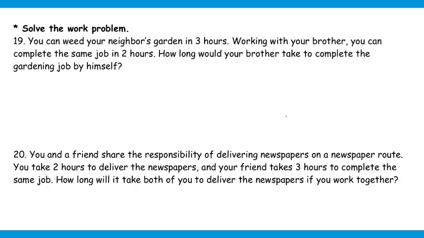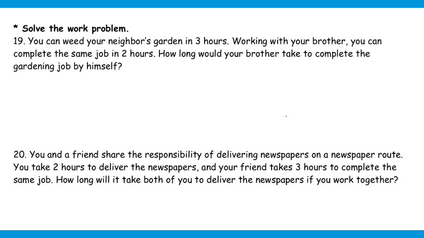Okay, which brings us to our word problems, and we put together all these concepts. If you can weed your neighbor's garden in 3 hours, working with your brother, you can complete the same job in 2 hours. How long would it take your brother to do it on his own? So we need to make some equations here. Let's represent ourselves.